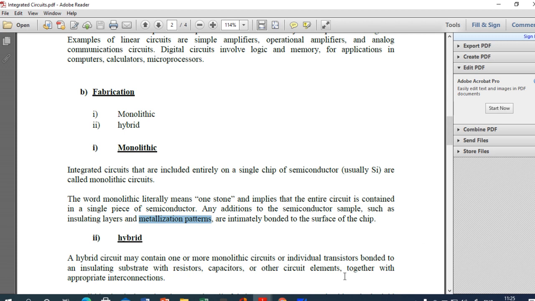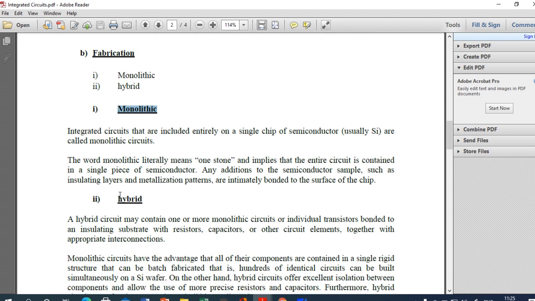Apart from that, there are some additional components: insulating layers and metallization patterns. Insulating layers are the layer which covers that single silicon chip. Metallization provides the external terminals, which we call legs, to provide the external connection to the outside world. So this is about monolithic.